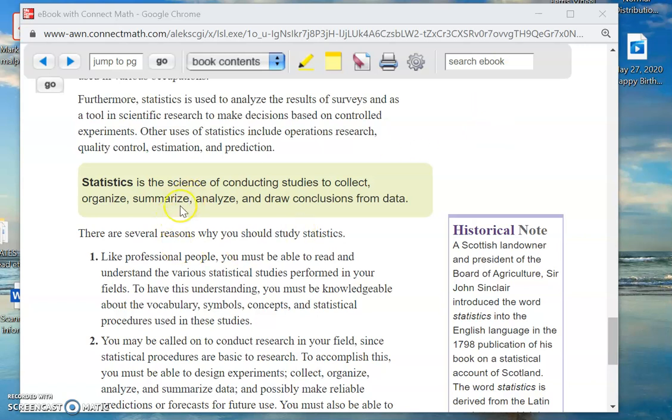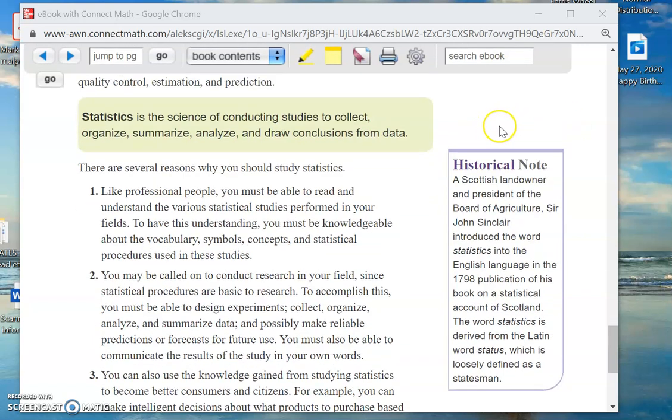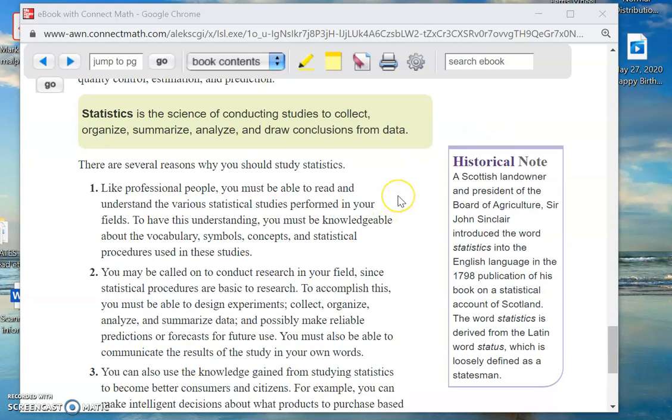Okay, so we talk here about statistics as a science. Now, we're going to use the word statistic later on, and there's going to be a distinction between statistics and a statistic. Give me 1 second here. Okay, I'm sorry, I had a little technical difficulty there. We're going to see later that we use this exact same word, statistic, in a different way.